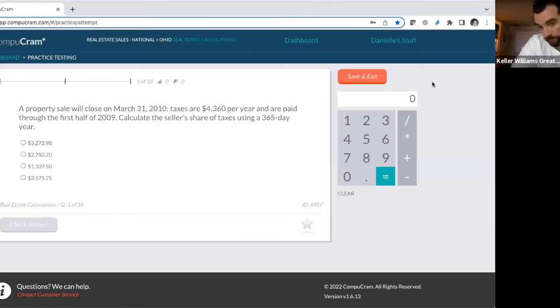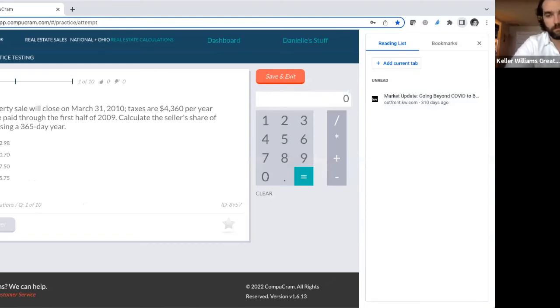All righty. Got one A and one C. If anyone needs more time, just say more time. I'm happy to let you guys work these out, get some good reps in. All right.